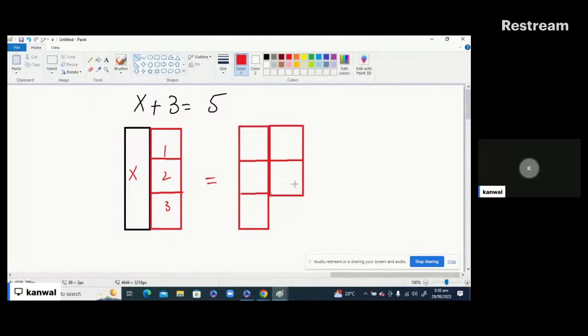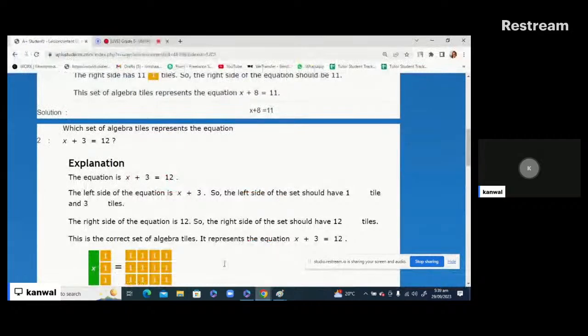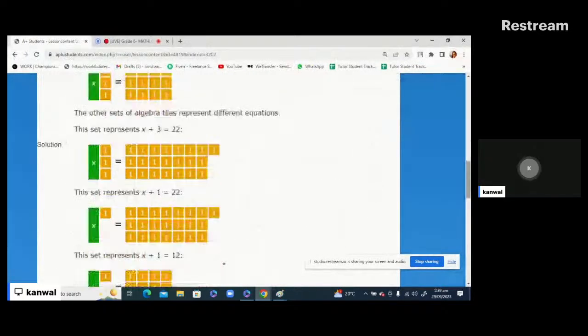Okay, 1, 2, 3, 4, and 5. This is basically the algebraic tiles representing x plus 3 equals 5. Got it?